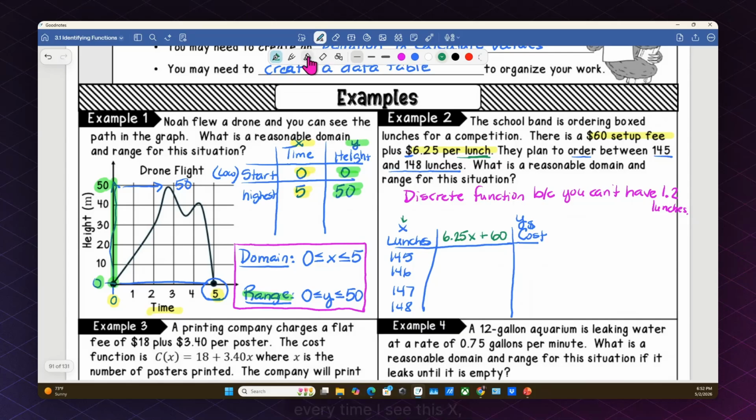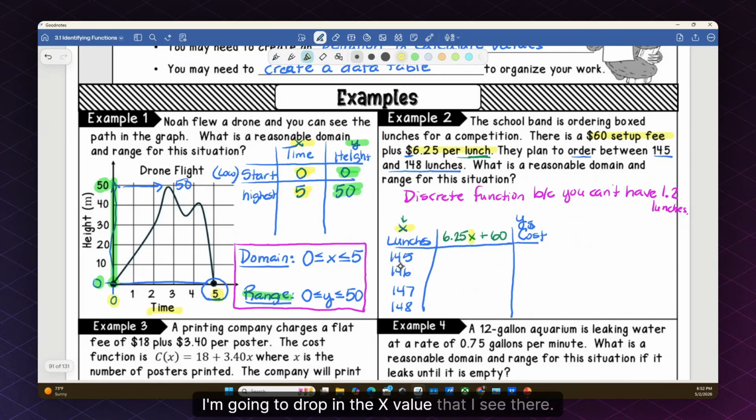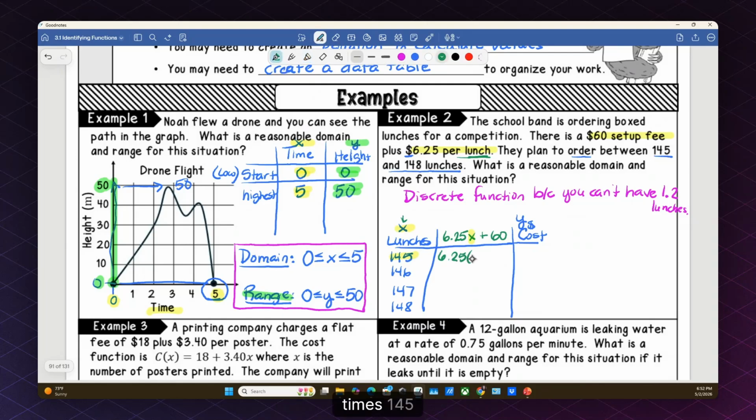So every time I see this X, I'm going to drop in the X value that I see there. So the first one is 145. So I'm going to write 6.25 times 145 plus 60. And that answer, as it turns out, is going to be 966.25. Already calculated them ahead of time, so I wouldn't have to haul out my calculator in the video.